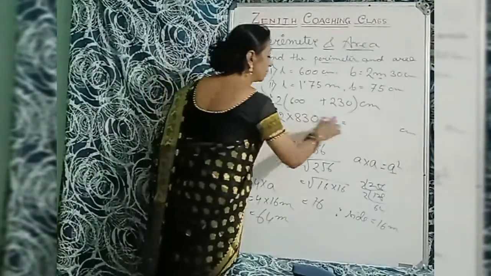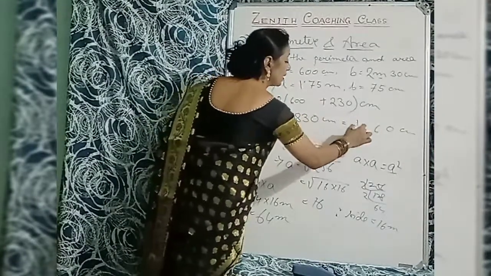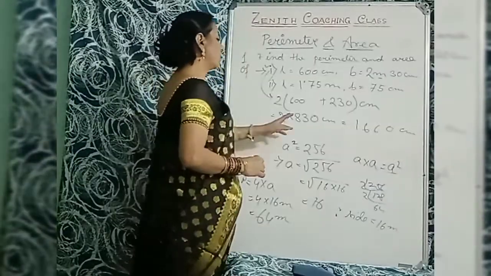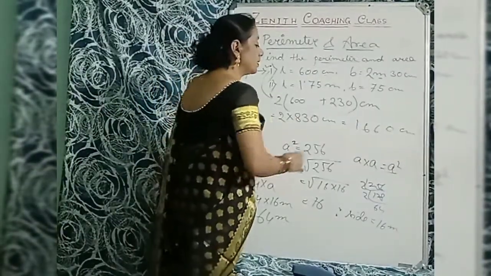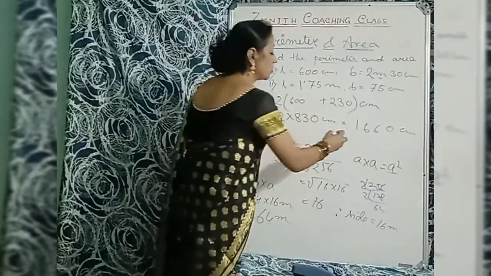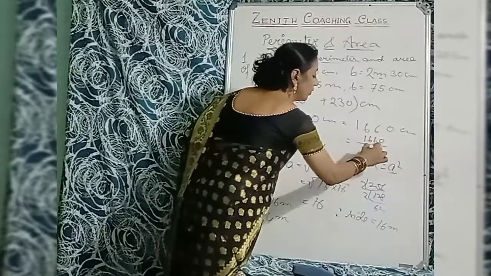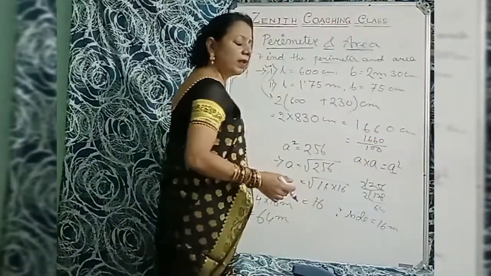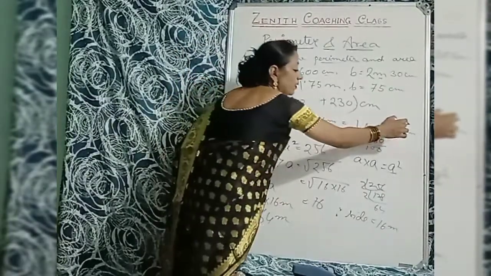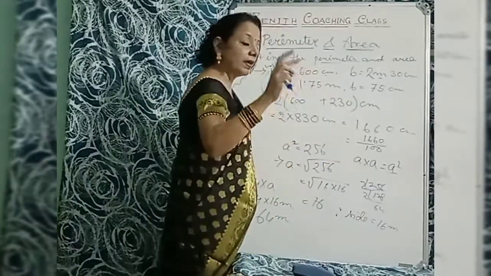So 2 multiplied by 830 is 1660 centimeter. And if you want to write in meter, so 1660 by 100. I am not writing 100 multiplied by 100. That is in case of area, that is centimeter square, centimeter multiplied by centimeter.